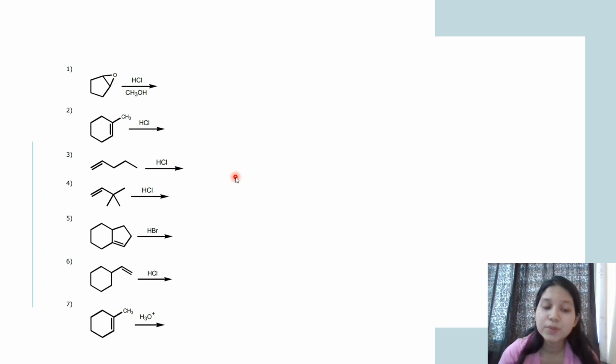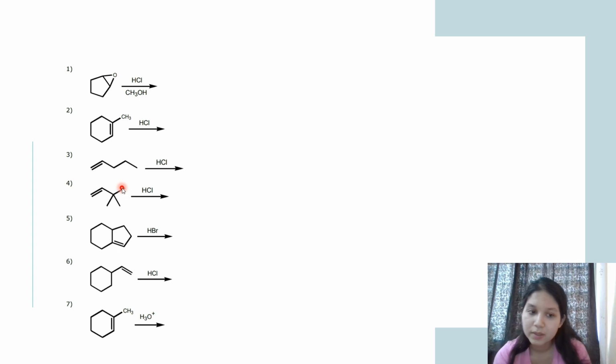So moving to the fourth question of today's tutorial. Here another acyclic alkene molecule is given. You have to treat it with hydrochloric acid, but this time this one is not linear.